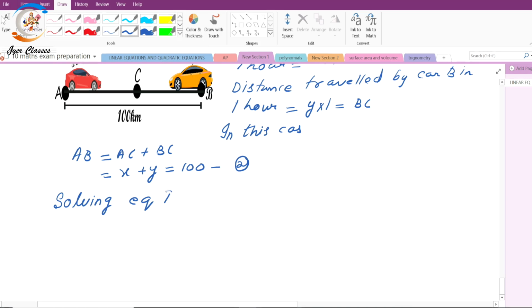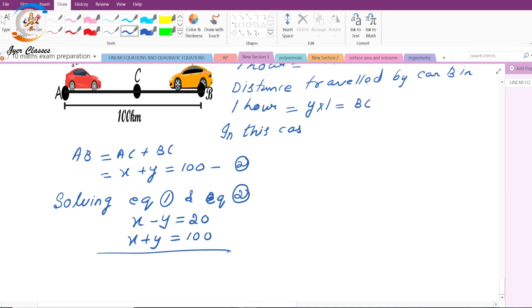Now solving equation 1 and equation number 2, you will have x minus y is equal to 20 and x plus y, which is equal to 100. Okay, you can do it by the cross multiplication method too, and you can do it by the simple method also. See, if I do it by the simple elimination method, adding these two, I'll get 2x is equal to 120. So x is equal to 120 divided by 2, which is equal to 60 kilometers per hour.